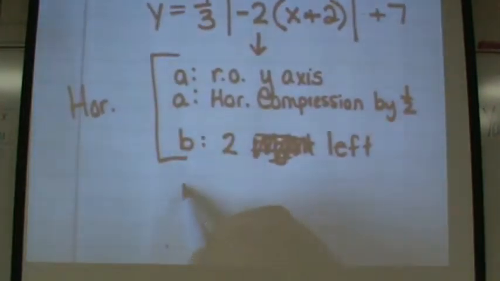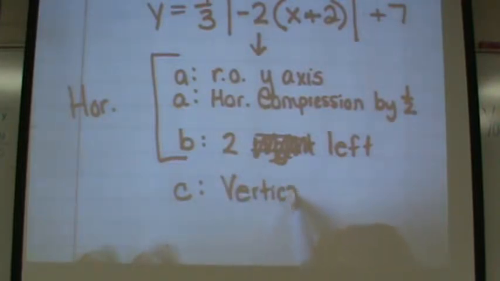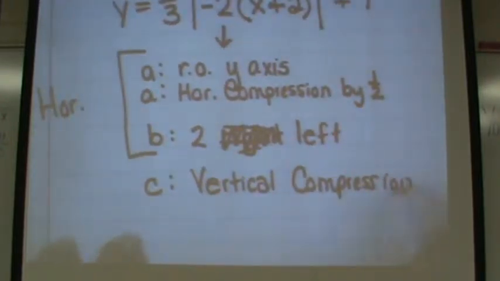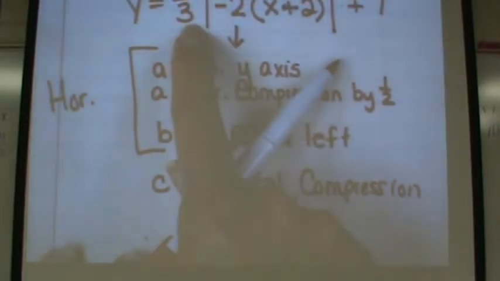Let's go to C. What would you say C is? It's a vertical something. It's a vertical stretch if it's bigger than 1. It's a vertical compression if it's less than 1. This one is a vertical compression by 1/3. Get it? So that's a vertical compression by 1/3.